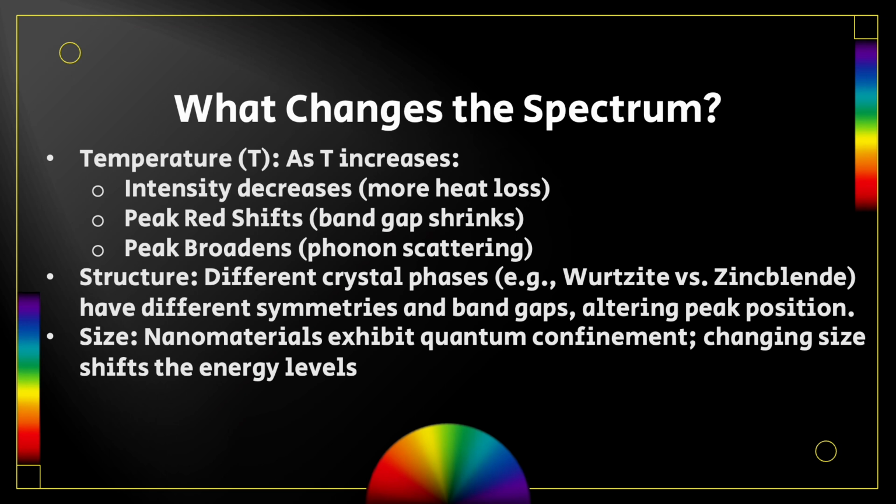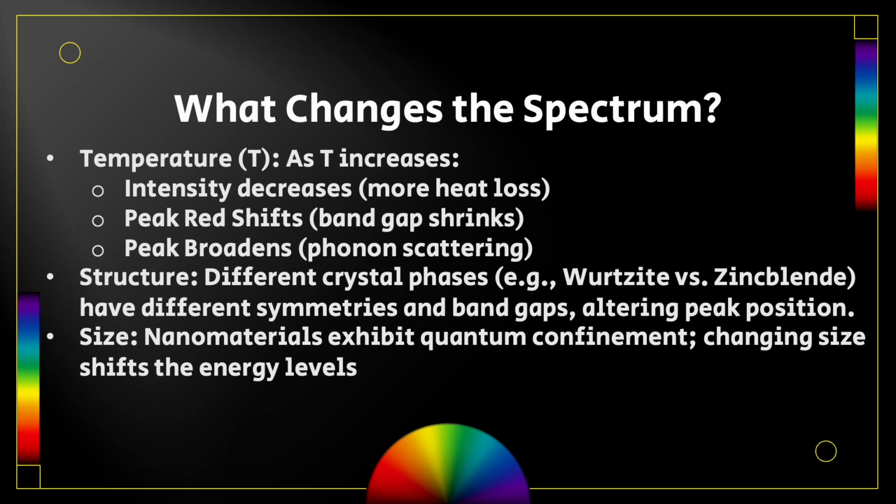The intensity decreases because more energy is lost to heat. The peak redshifts, meaning it moves to lower energy because the band gap actually shrinks as the lattice expands. And the final one, the peak broadens due to increased phonon scattering.